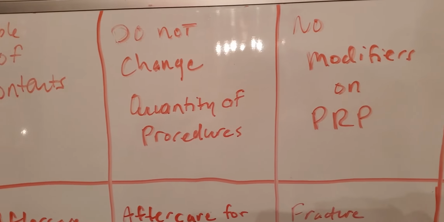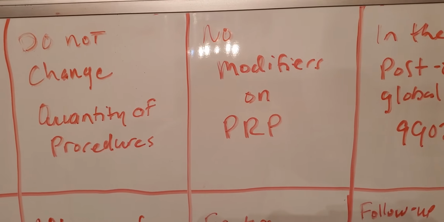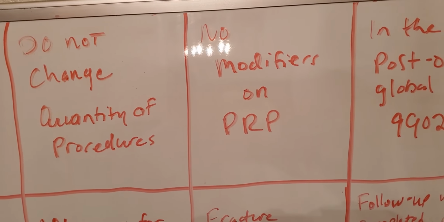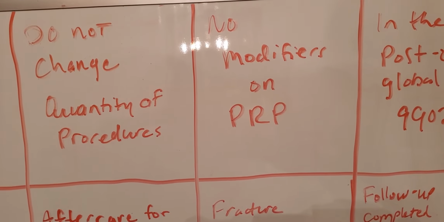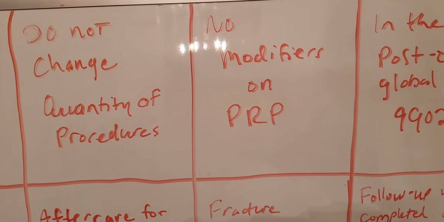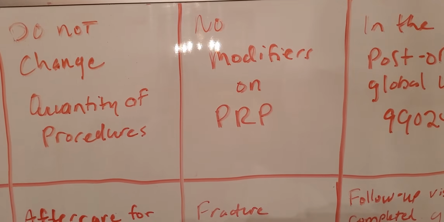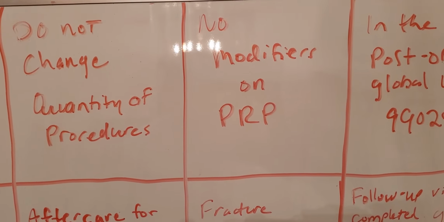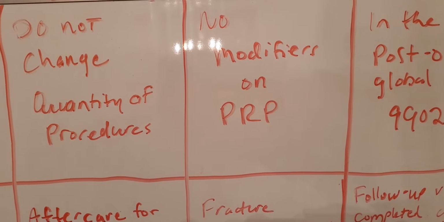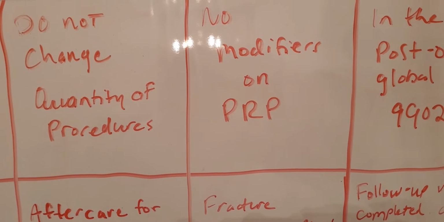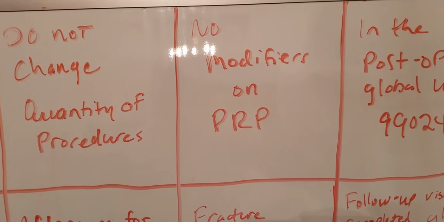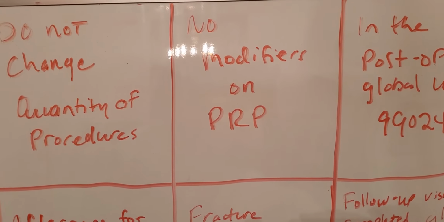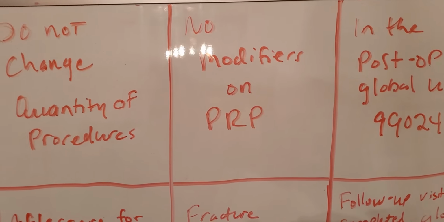So that's that one. The next one is no modifiers on PRP. So they do platelet-rich procedures, right? And this is a Category 3 code. Because it is a Category 3 code, they have their own modifiers on Category 3. But with PRP, you don't put any modifiers on it, okay? And I keep having to tell them, do not put a 50 modifier on this, because PRP can only be reported one time.